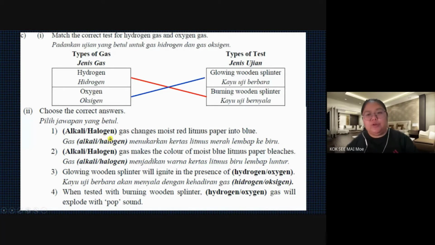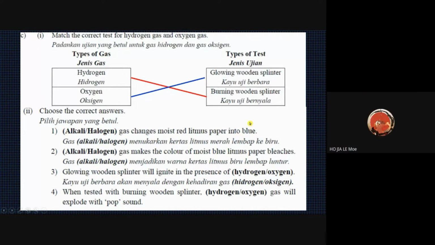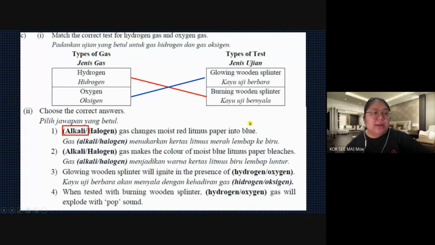Okay, then this one we need to choose for the litmus paper. The gas changes moist red litmus paper into blue. So you tell me what gas? Halogen or alkaline? Blue color. Alkaline. Blue color is alkaline. Now, moist blue litmus paper becomes bleached.